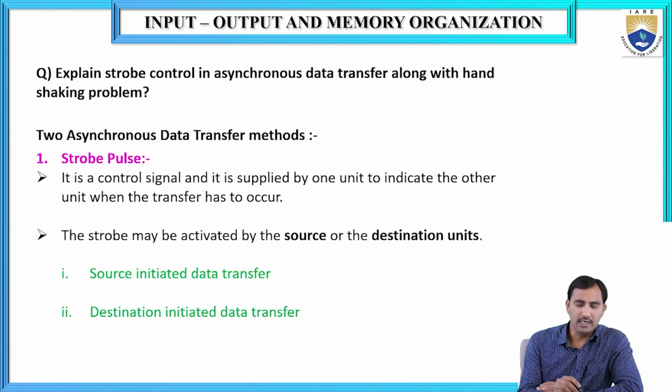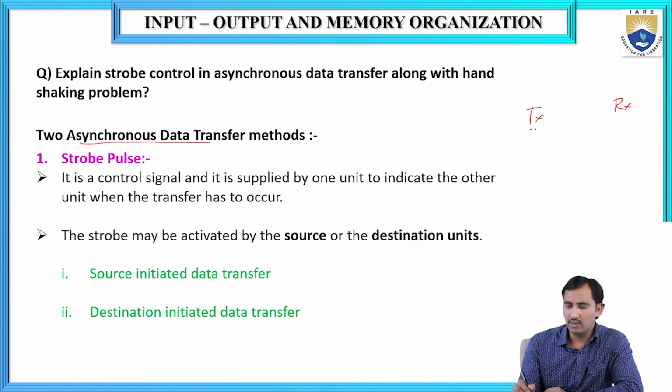Coming to explaining strobe control in asynchronous data transfer along with the handshaking problem. Already we have seen serial data transfer. It can take place in two ways: one is asynchronous data transfer, and the second one is synchronous data transfer. In asynchronous data transfer, suppose you have a transmitter and a receiver.